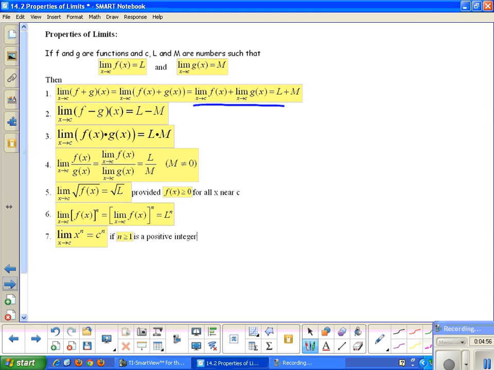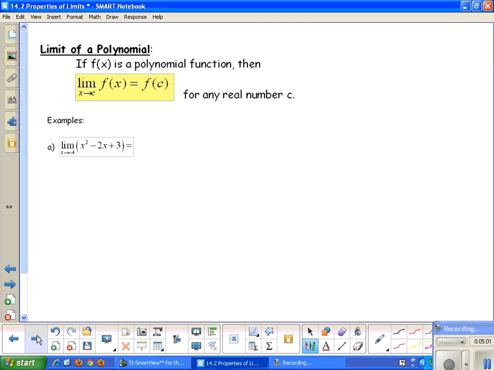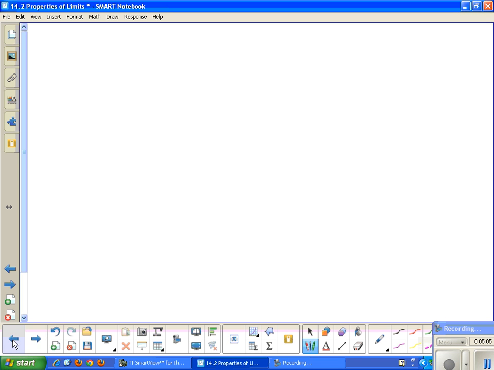And you can look through all these, which is also in your book, so I'm going to skip through that. So the limit of a polynomial function, and actually just to go back real quick, let's write down some of what that was. If I had f plus g, so if you have two functions, let's say f of x is equal to 4 and g of x is equal to x.